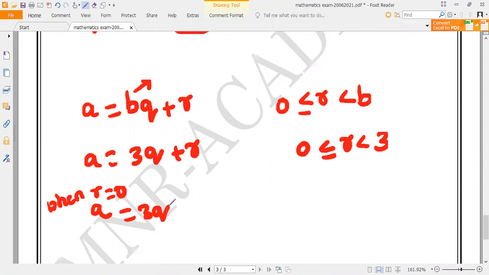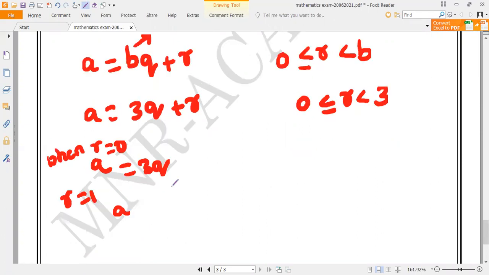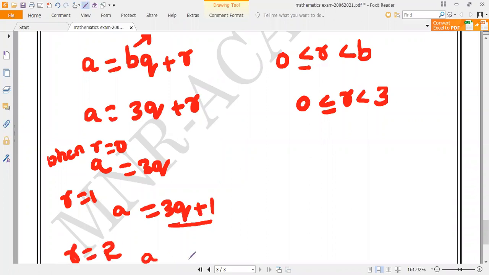Yes, ma'am. Next, when r equal to 1, what is our a value? 3q plus 1. When r is equal to 2, a equal to 3q plus 2. When r equal to 3, is it possible?